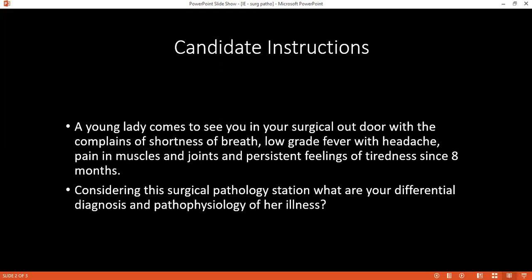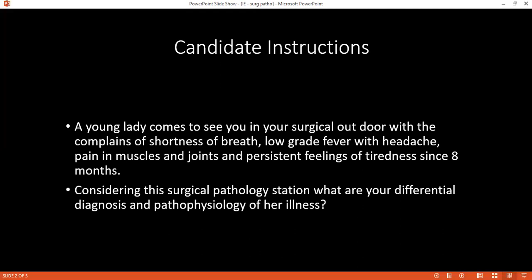When considering the transplant, what should you keep in mind? After transplant, HLA matching will be needed, and in the perioperative period immunosuppression will be needed. There are a few classes of immunosuppressive drugs.